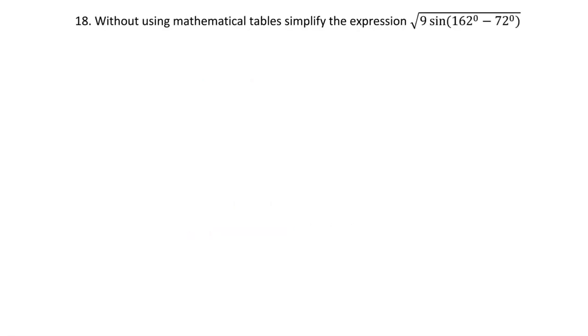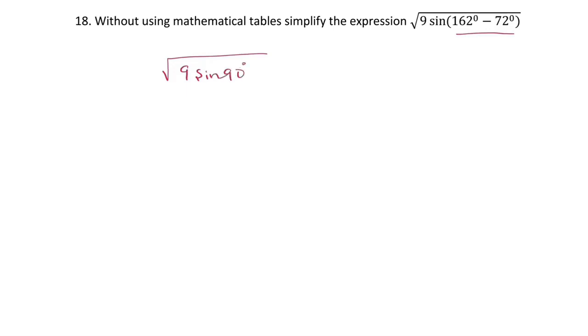Question number 18. Without using mathematical tables, simplify the expression under root 9 sine in brackets 162 degrees minus 72 degrees. Okay, so first we are going to solve the values inside the brackets. Then our expression is going to be under root 9 sine 90 degrees.